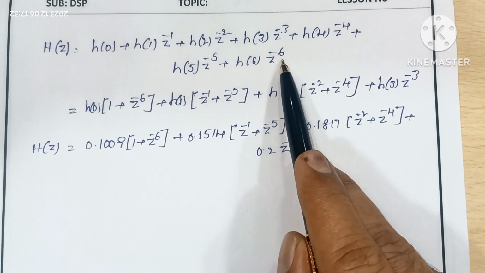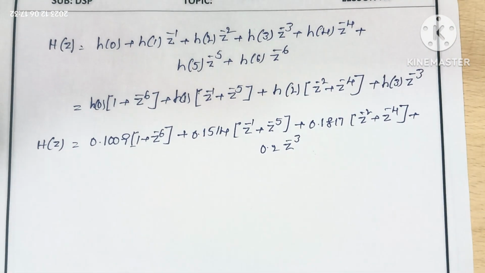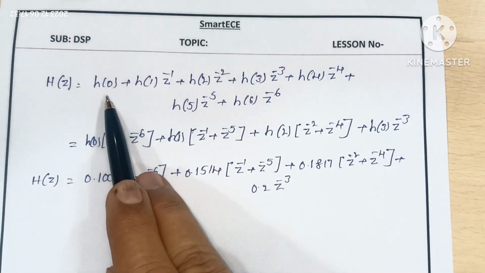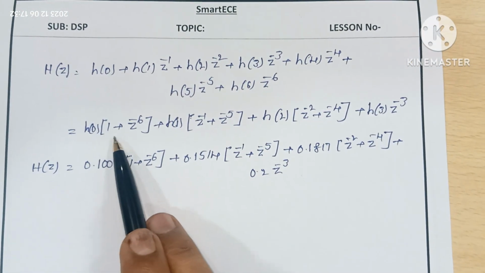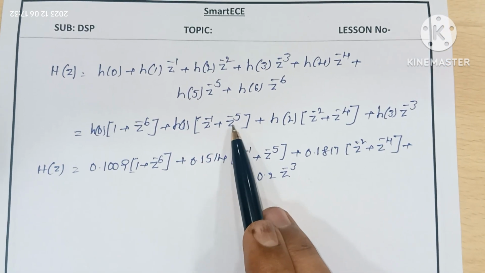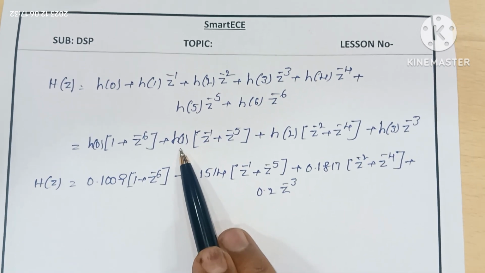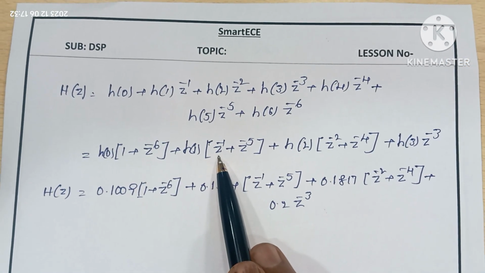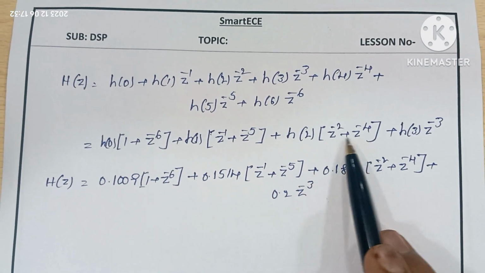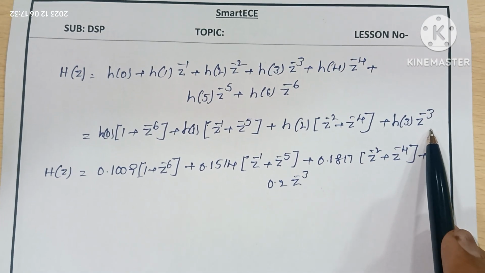And already you know that due to the symmetry condition, a few of the samples are equal, like h of 0 equal to h of 6. So 0 and 6, let us take h of 0 as common, and 1 and 5 both have the same sample value. So let us take h of 1 as common, with z power minus 1 plus z power minus 5. Take h of 2 as common, because these two samples are the same value, and h of 3 into z power minus 3.